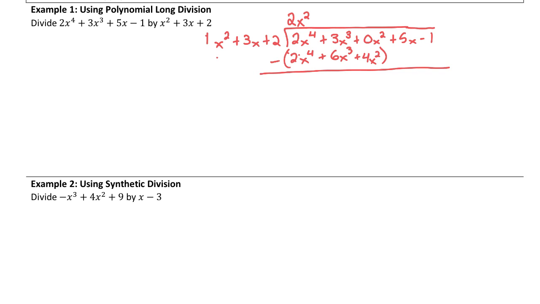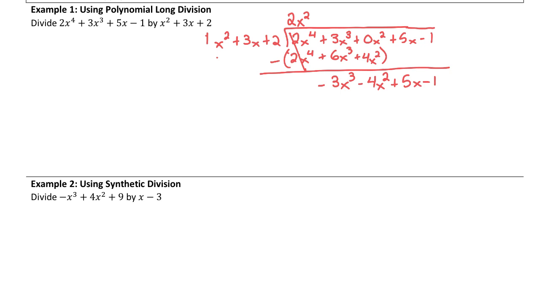So 2x to the fourth minus 2x to the fourth is 0. That's what we want. 3x to the third minus 6x to the third is negative 3x to the third. 0x squared minus 4x squared is negative 4x squared. And then I drop down my last two terms, okay?